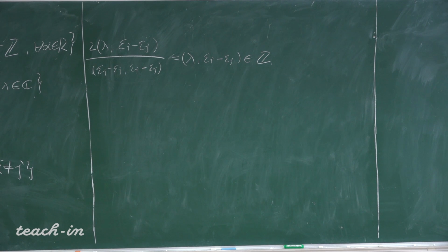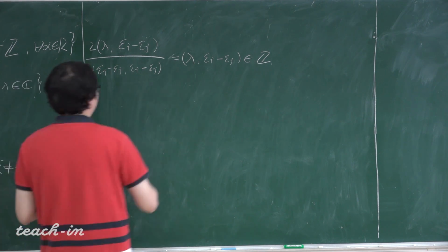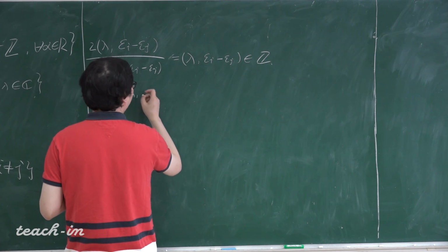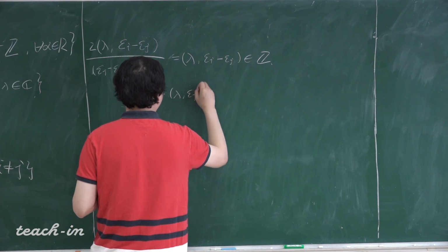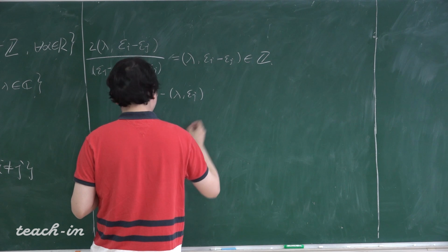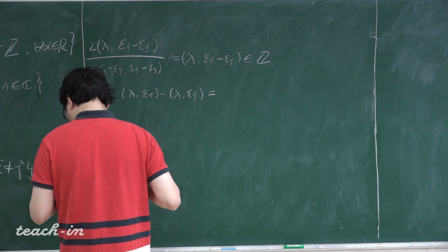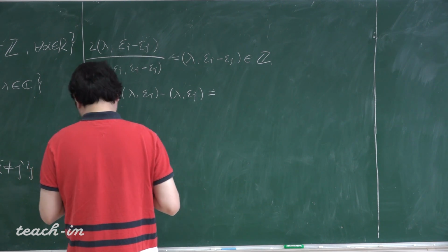So you have epsilon I plus epsilon j. That's it. So then these should be some integer.